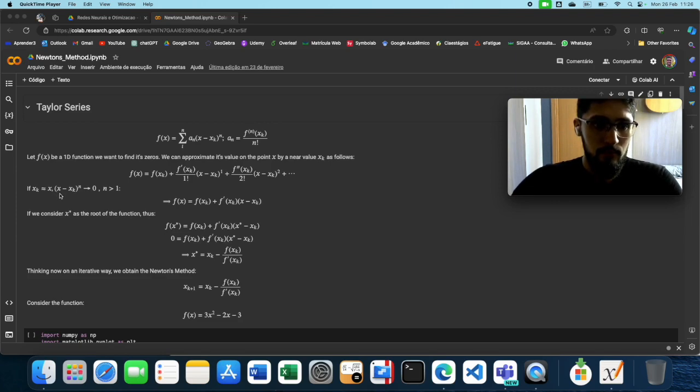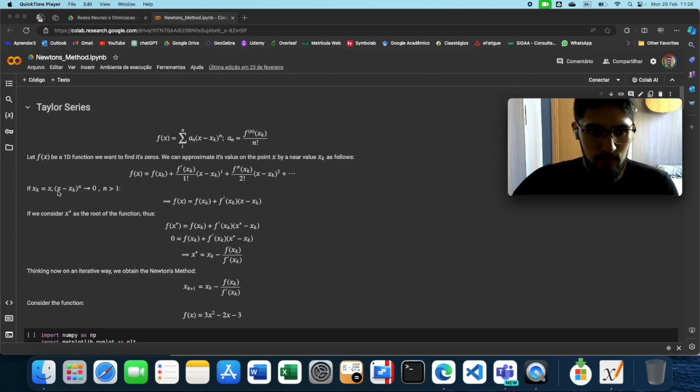But I had proposed a logical question here. Imagine that x_k is very near the point x. So the subtraction raised to a power n is going to be very near 0 for every n greater than 1.